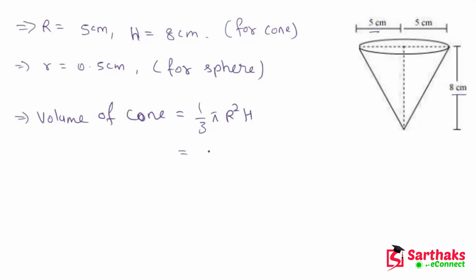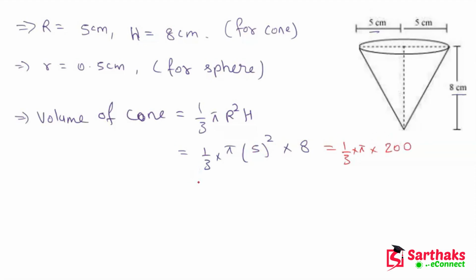We have 1/3 into pi into radius 5 square, height 8. If we solve this, it will become 1/3 into pi into 25, since 5 square is 25, and 25 into 8 is 200.